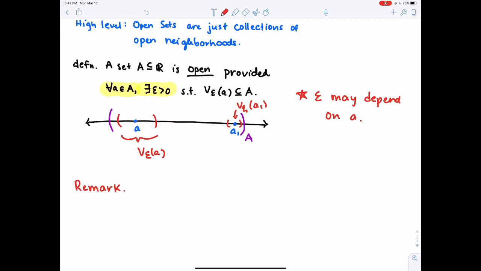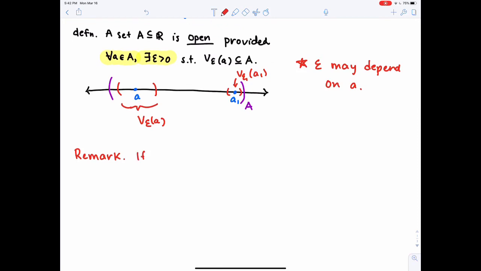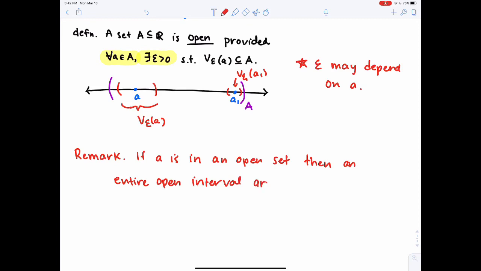Another remark to point out here is that what we're saying is that if a is in an open set, then an entire open interval around a is also entirely in the set.